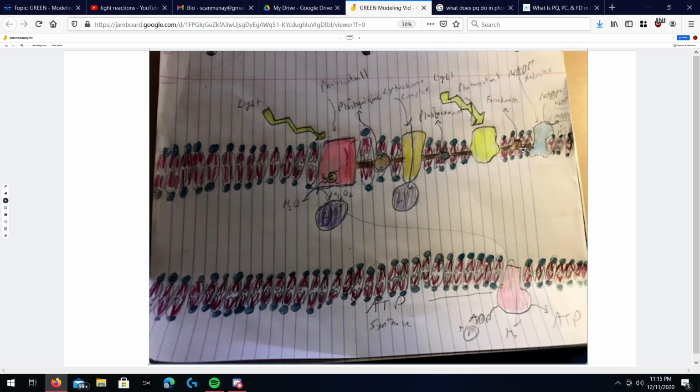And once the electron travels through ferredoxin and gets to NADP plus reductase, the NADP plus reductase uses these electrons and their energy to add two hydrogen to essentially reduce NADP plus into NADPH, which will be a necessary factor of the Calvin cycle for driving that process.